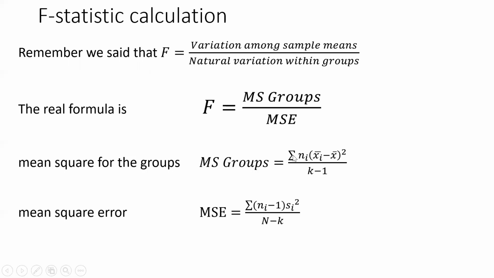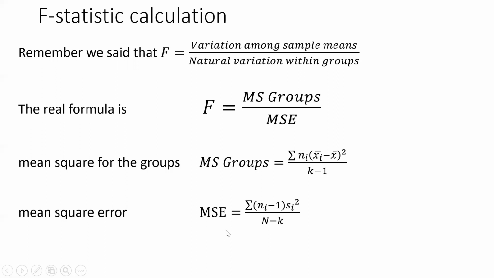The mean square for the groups is going to be the mean per group minus the overall mean, quantity squared, times the number of points in that group. We're going to add all that up and divide by k minus 1, where k was the number of groups. Okay, so that's our numerator of F.